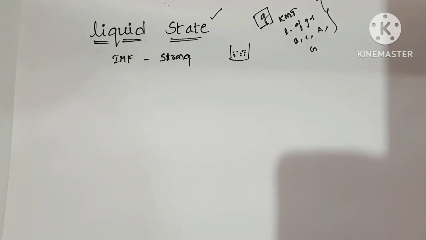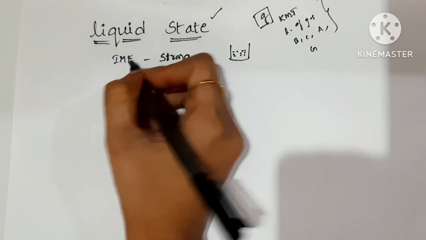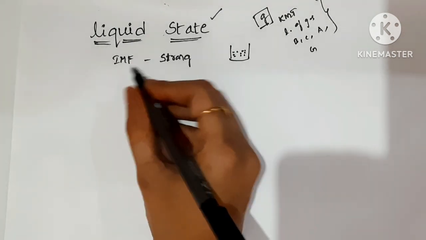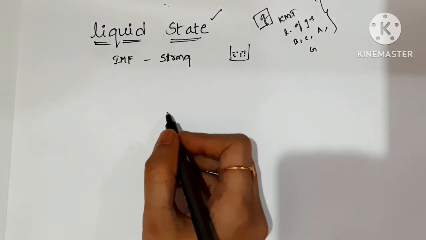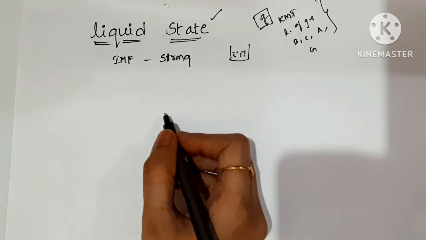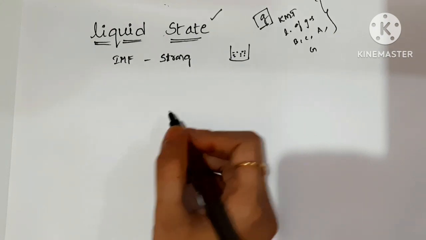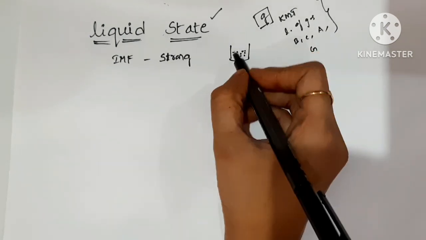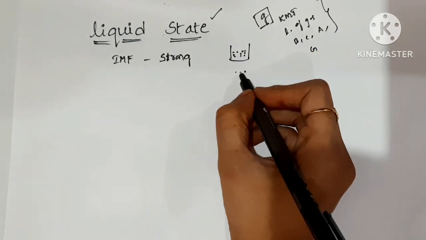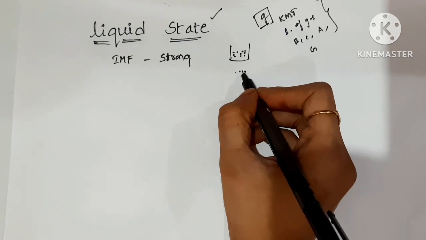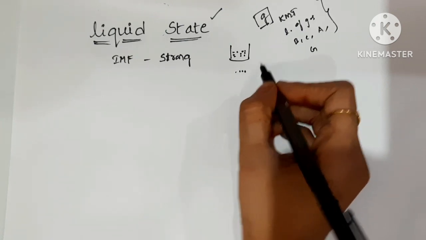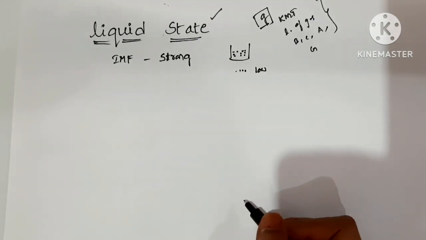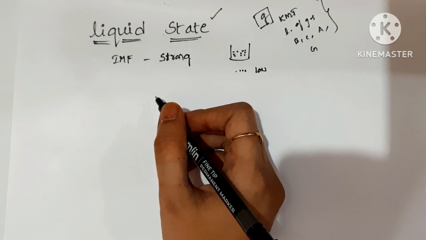In gaseous states, intermolecular forces are very low, but in liquid state, intermolecular forces are very high. Molecules in liquid are very close, so there is very little empty space between them. Molecule to molecule, the space between them is very low. That means they are placed very closely. That's why intermolecular forces are very high.